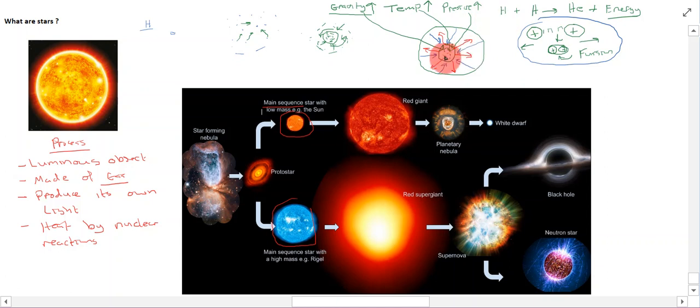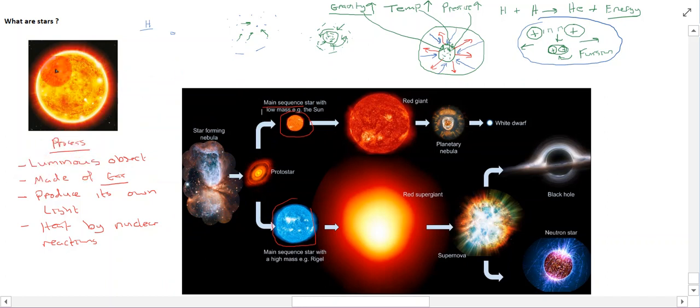As long as the star can continue fusing hydrogen atoms together and generating all this energy, the force of gravity crushing the star in will be pushed against by the energy being pushed out from the nuclear reaction. So that's the first stage of a star's life cycle, and this is the stage that our sun is in. They're luminous objects.